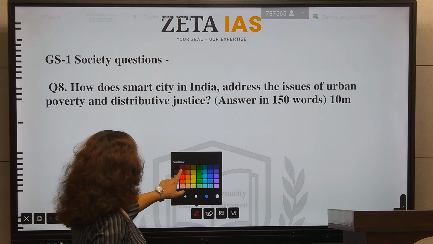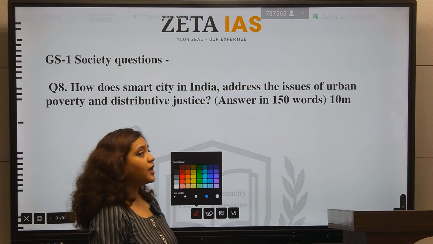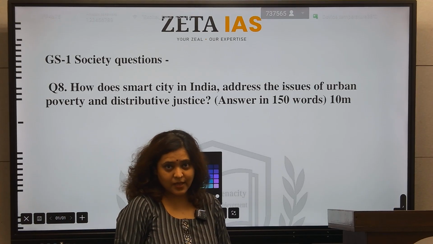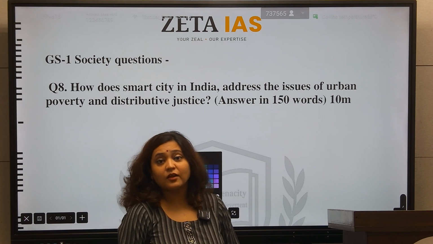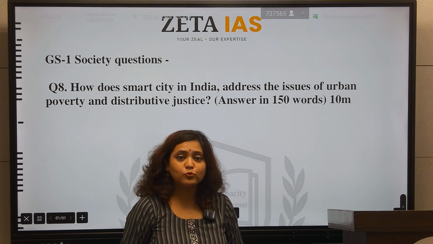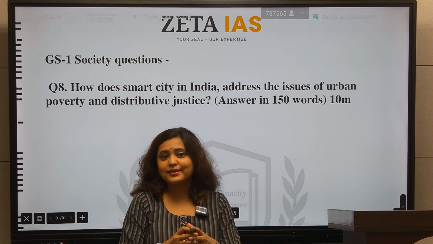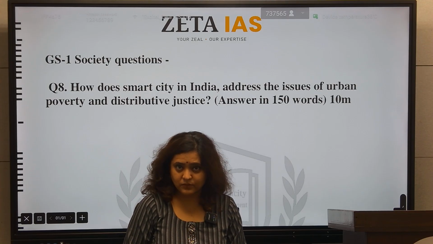What is urban poverty and distributive justice? Now, urban poverty is the condition of deprivation which is experienced by people who do not have the finances to access the basic necessities.